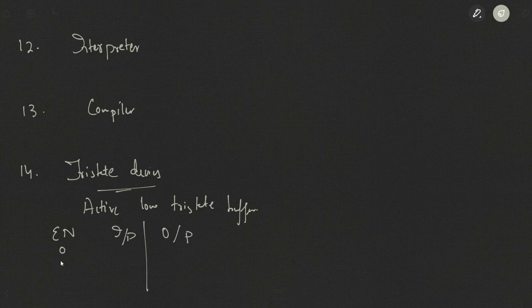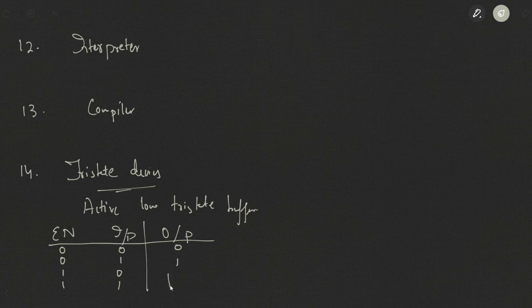Your enable can be 0 or 1, and for these combinations of inputs, accordingly you can have 0 or 1. As I said, a buffer does not change the type of signal; it will only amplify its signal response.